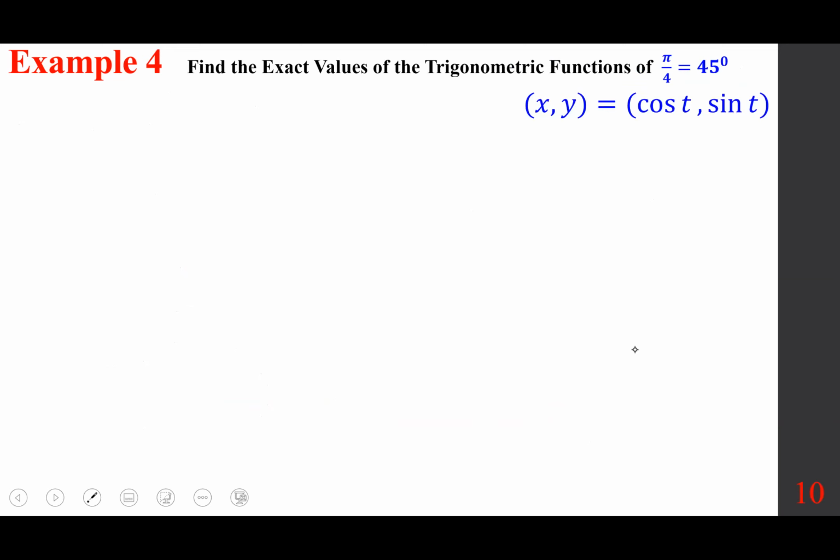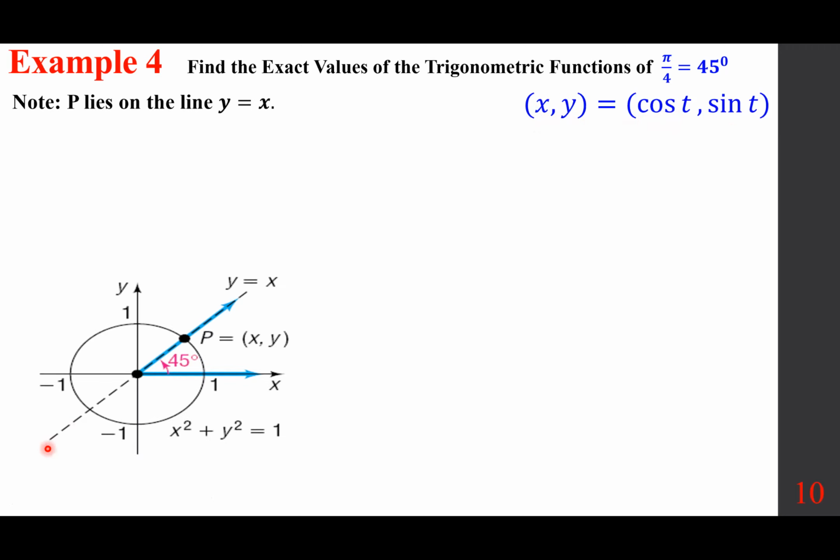All right, we want to find the exact values for pi over 4, which is 45 degrees. And again, we remember that a pair x comma y, for a unit circle, represent cosine and sine respectively. So let's draw the 45 degrees and see where it ends up. I hope you realize that this, if we were to look at it from a linear functions point of view, represents the line y equals x.